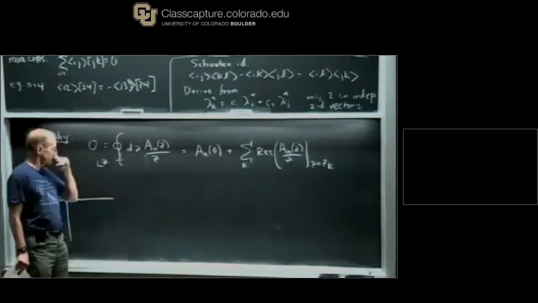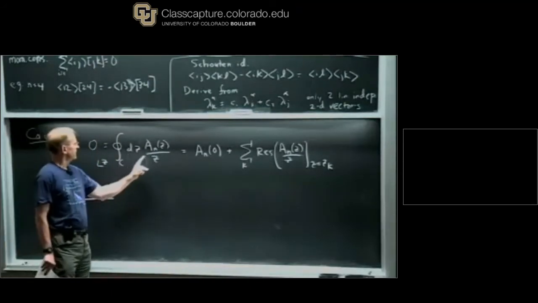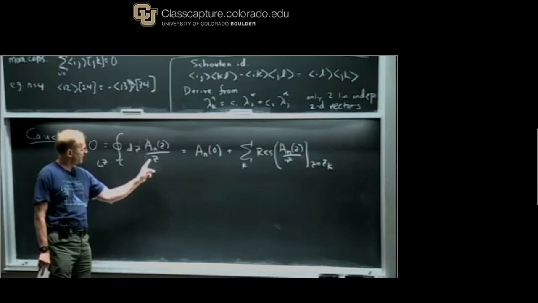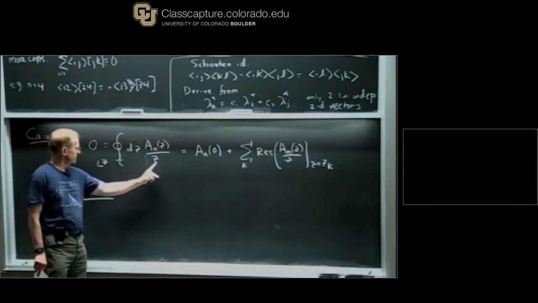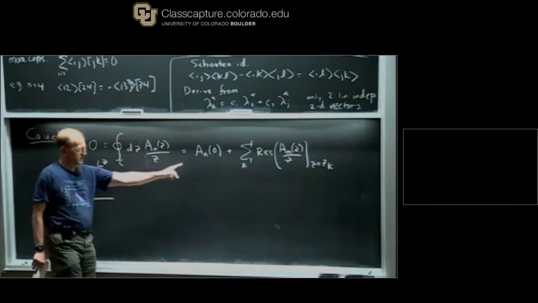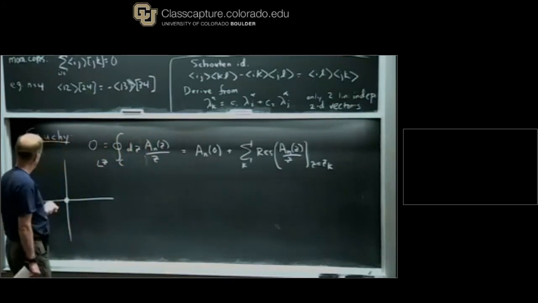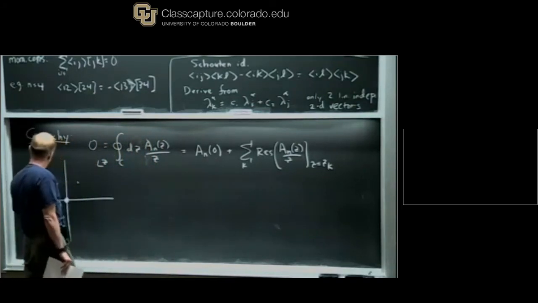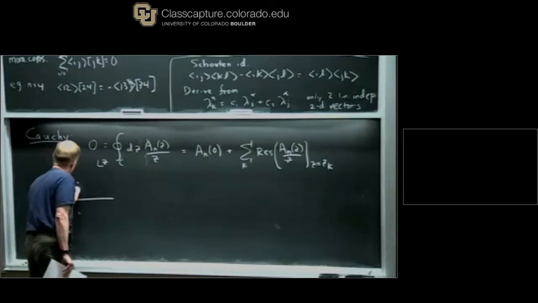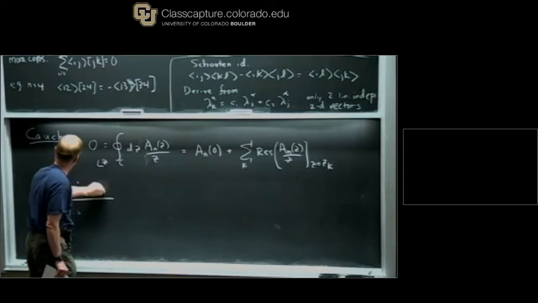I'm putting in the integral of not just A, but A over z, in order that the z equals 0 residue gives me back the original amplitude. And then I'm anticipating some poles at finite locations z_k.